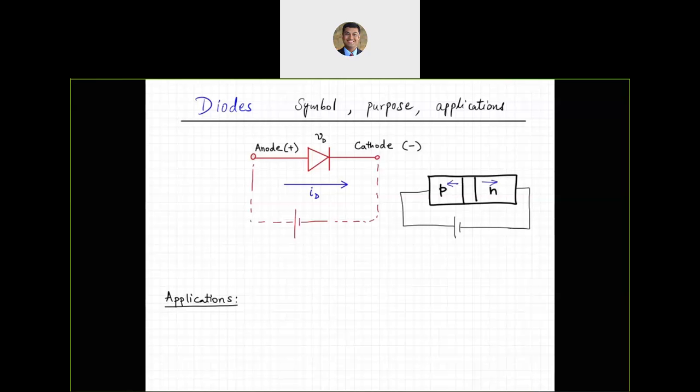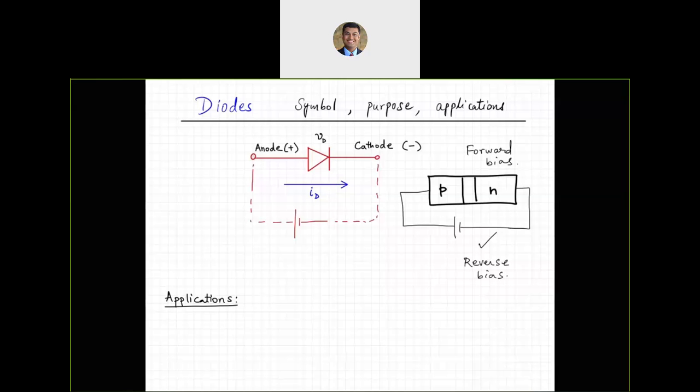So when we have a positive terminal connected to the p-type material, we call that region forward biased. Forward biased is the exact same figure that is shown over here, positive connected to positive. And when we reverse either the diode or the supply, then we go into a reverse bias situation.